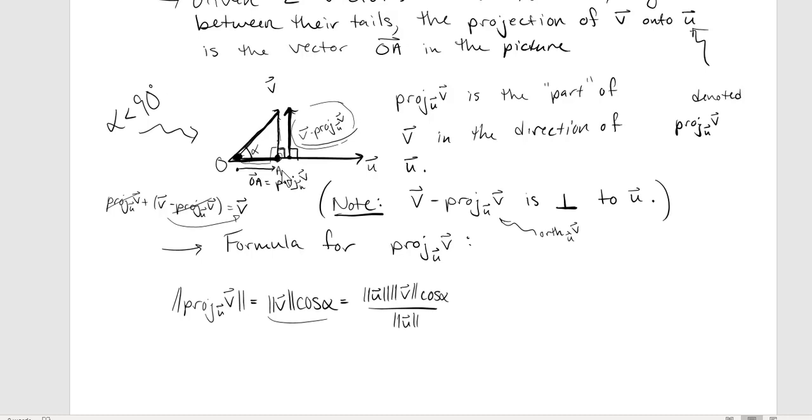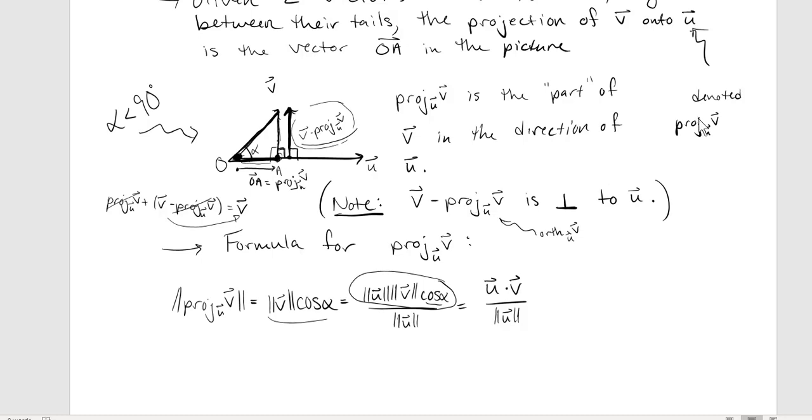But remember there's this theorem about dot products that says the magnitudes of two vectors multiplied times the cosine of the angle between them is really just the dot product of your two vectors. This is nice. So this is an expression in terms of vectors u and v only. We can figure out an expression for the length of this projection vector.